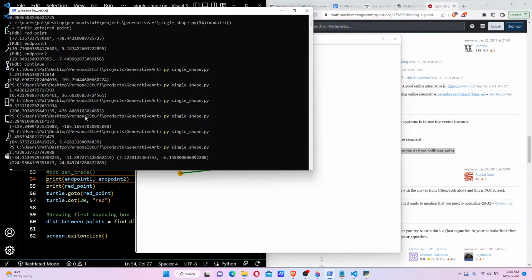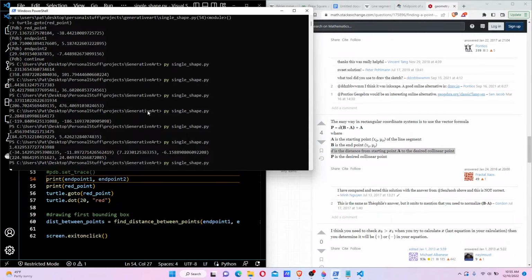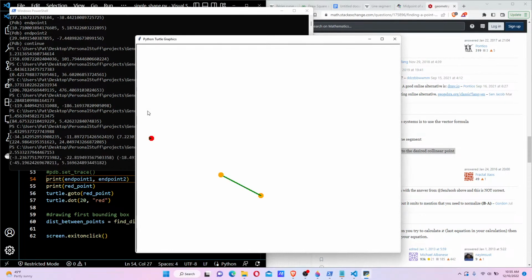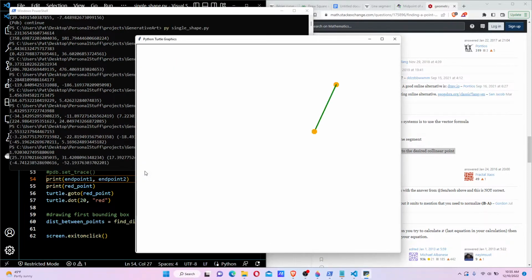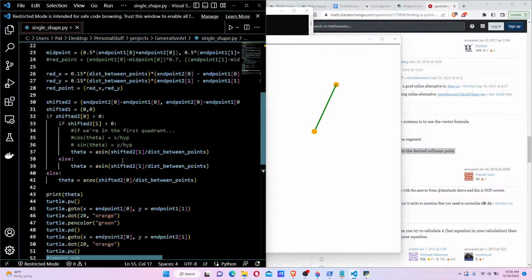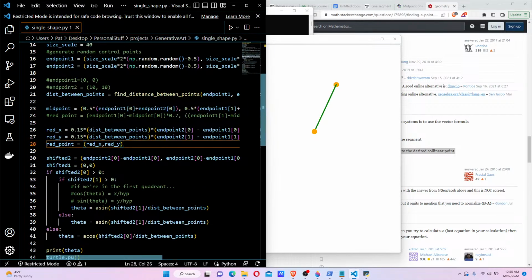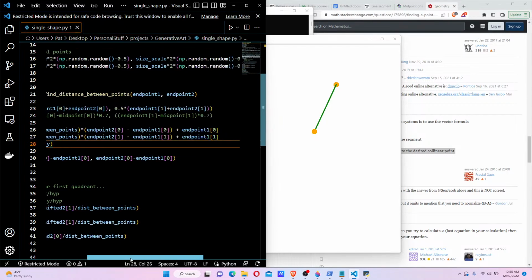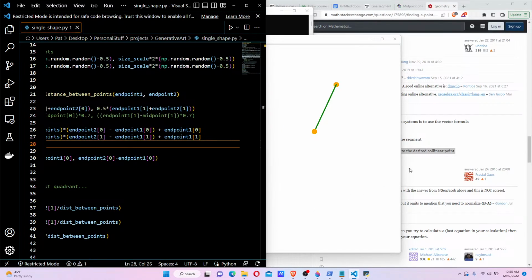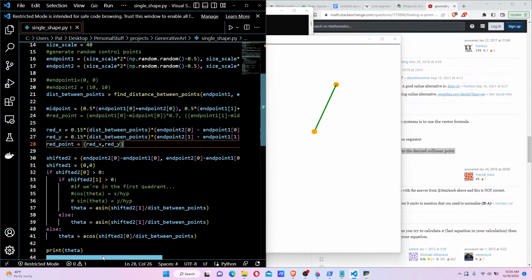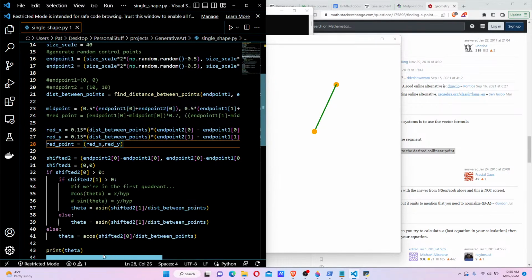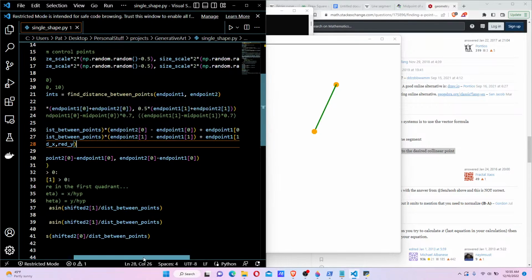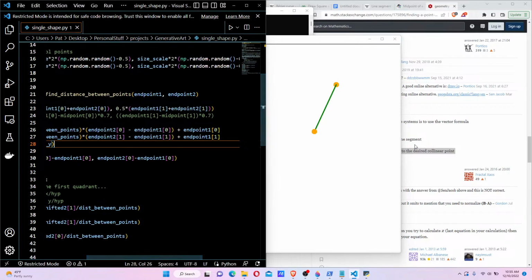So, how come the one time it did print on there? What do I have to do? Huh. So, distance, so endpoint 2. Start at endpoint 1, go to endpoint 2.